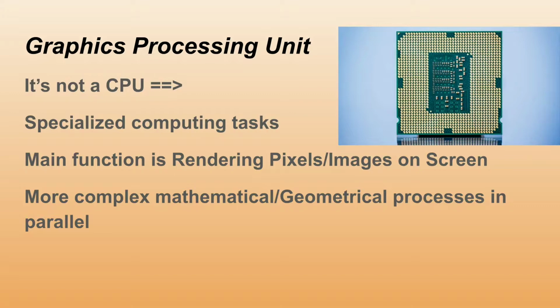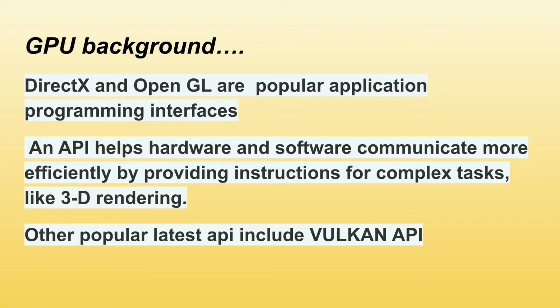This is how complex computation work is done by a graphics processing unit. And the graphics processing unit is also capable of providing large throughput. It is capable of processing these computations in a parallel manner, so it can provide large throughput and produce smooth graphics.